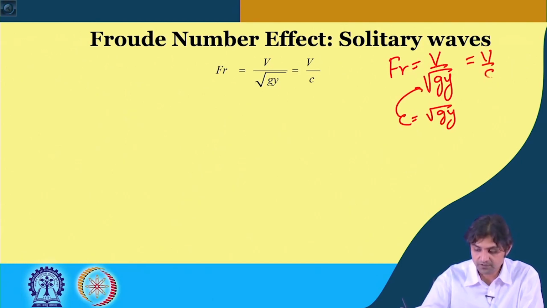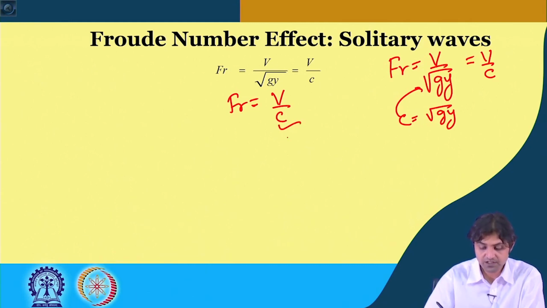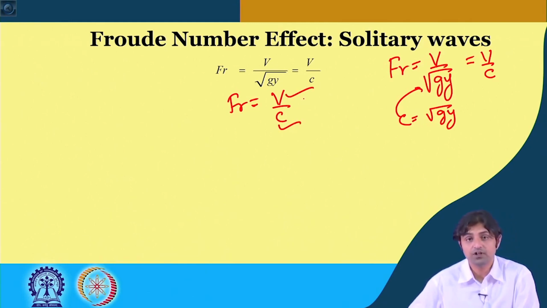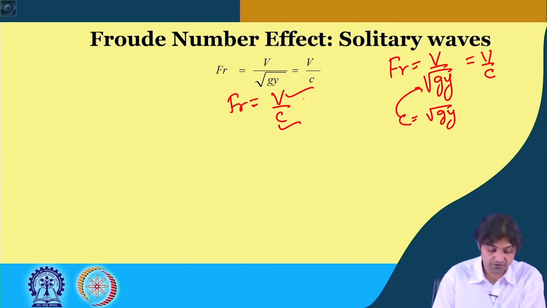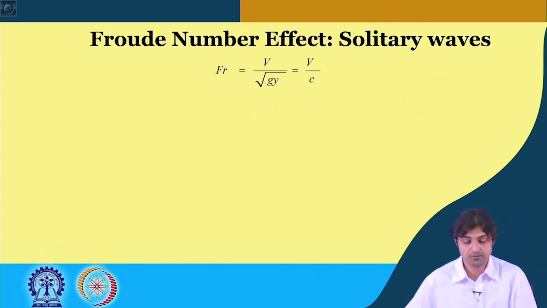So, Froude number for solitary wave is V by c, where c is the speed of the wave, and V is the velocity of the fluid, which will be definitely different from the wave speed.